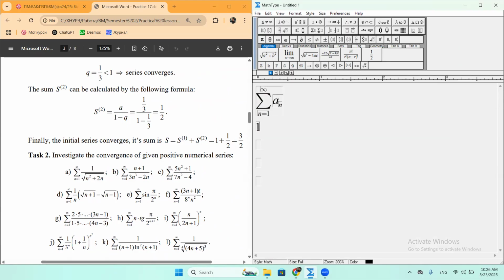The first, or 2A, we have the following series, from n equals 1 to infinity. And the series is the following: 1 over square root of n square plus 2n.